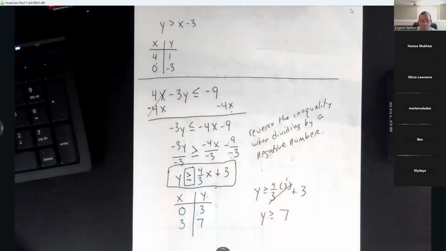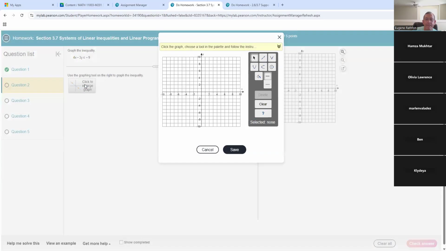All right, y'all, let's go plot those 2 points. So I'm going to click the enlarge graph. Now, by default, it's on a solid line like I need. So all I need to do is come up here and choose the 2-point line tool. Plot my 2 points. I had 0 up 3.